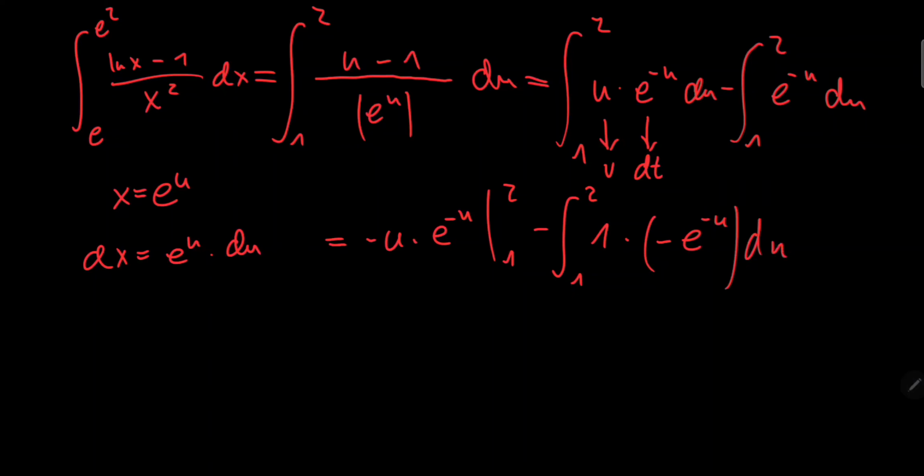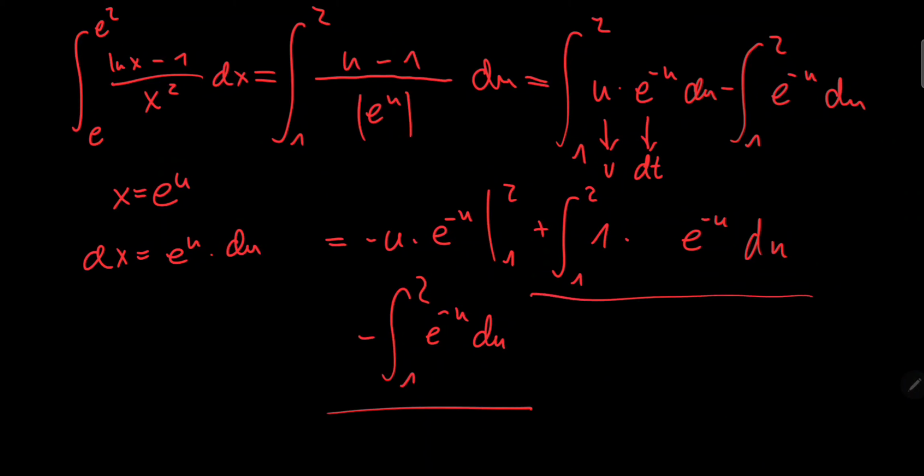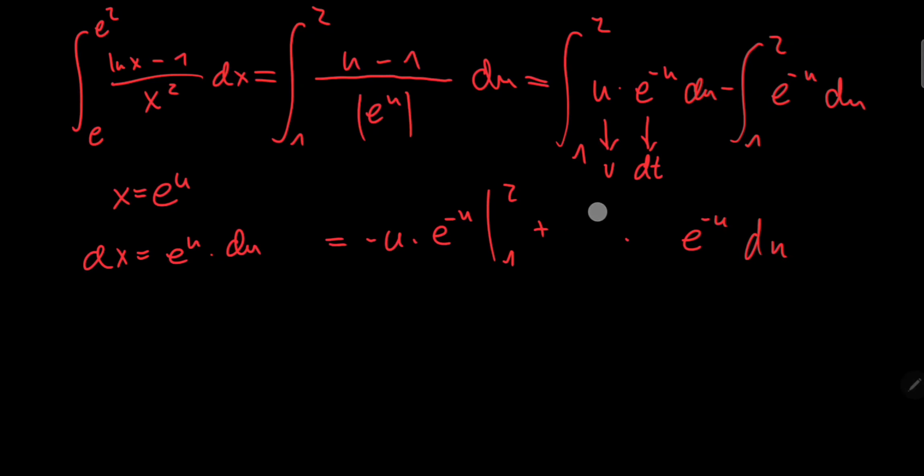And if we combine this negative sign with this negative sign, we get a plus sign. Also, we still need to consider this integral. But now note that this integral is the exact same integral as this integral, so they cancel each other out.